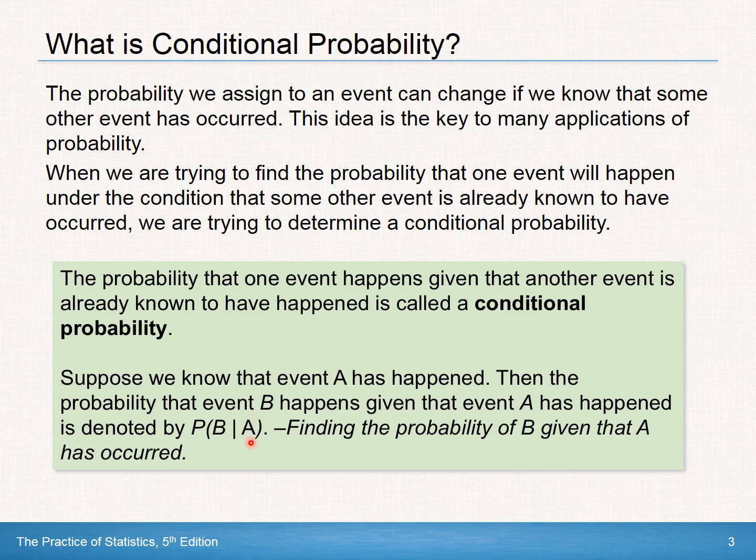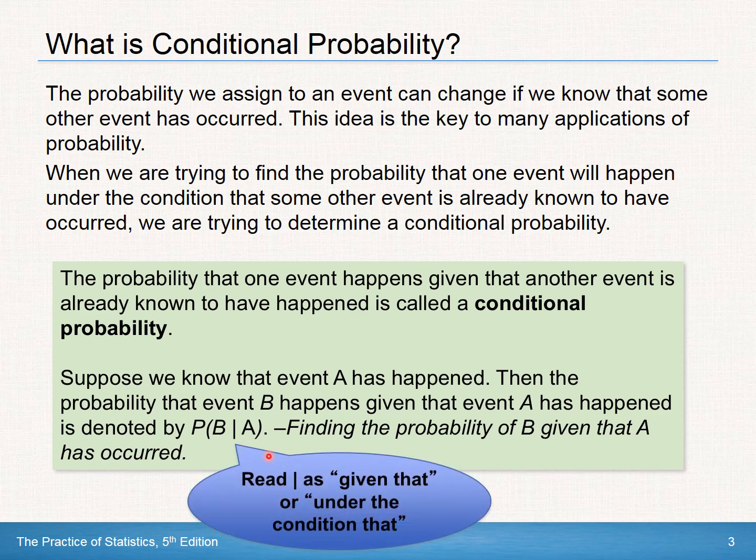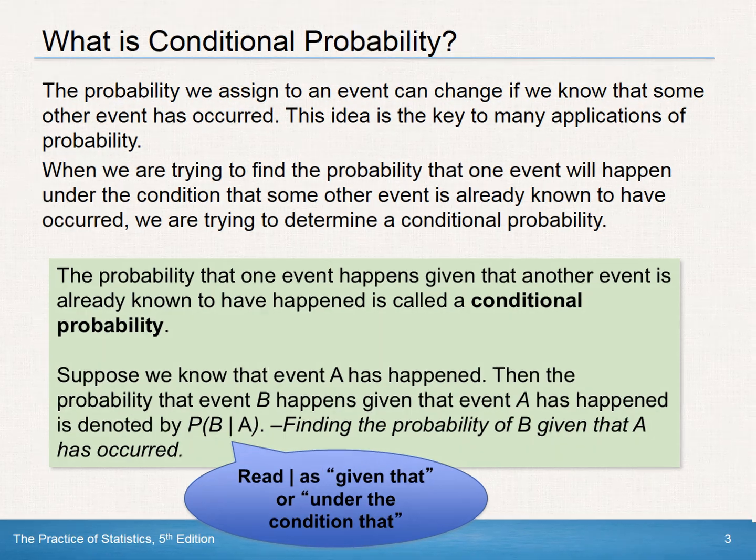We already know that we're just looking at the population of males. Find the probability of B given that A has occurred. Knowing that A has occurred often changes our probability answer. So just make sure you understand that it's read as given that, under the conditions that, B given A, but most of the time you'll just read it as B given A.